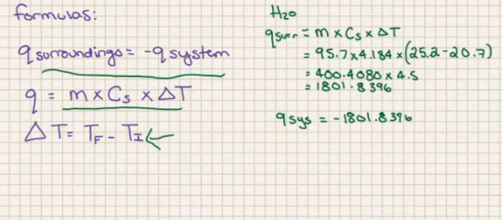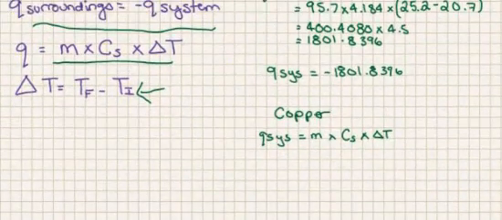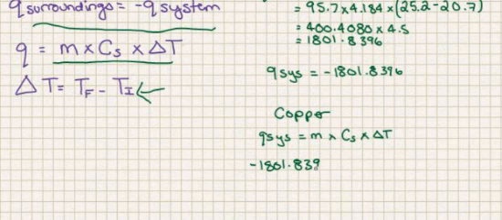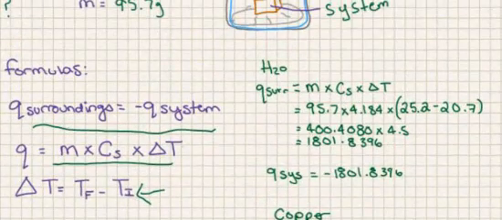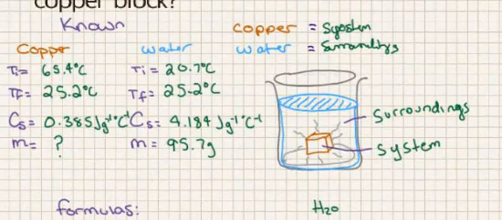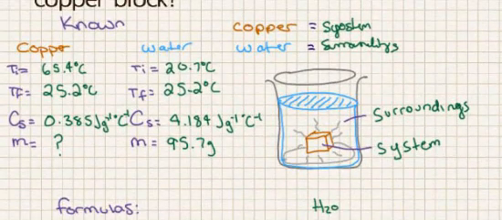And now we're going to solve for copper. So our delta T for copper is going to be the final minus initial, 25.2 minus 65.4.